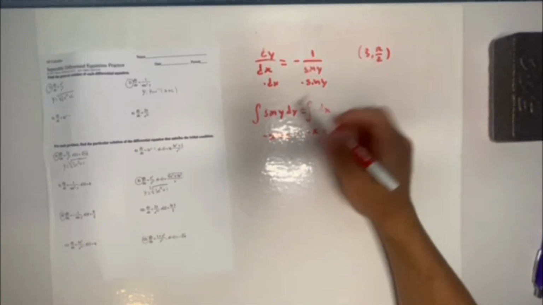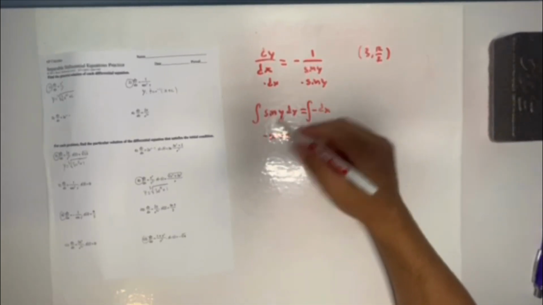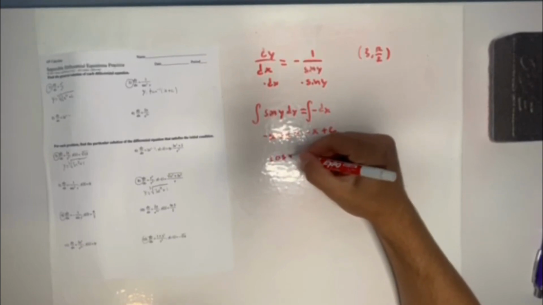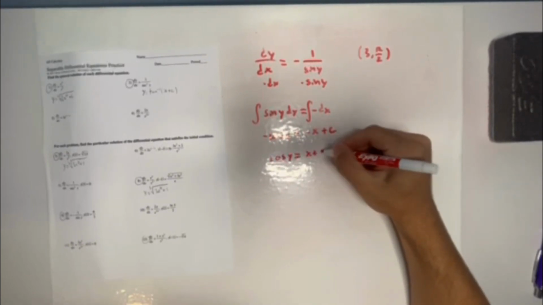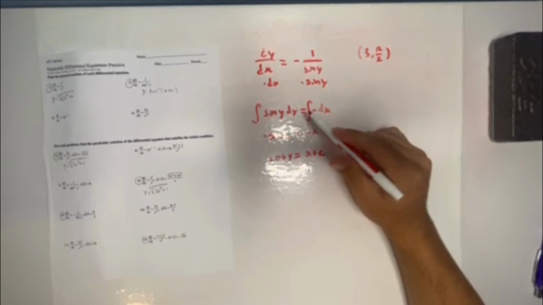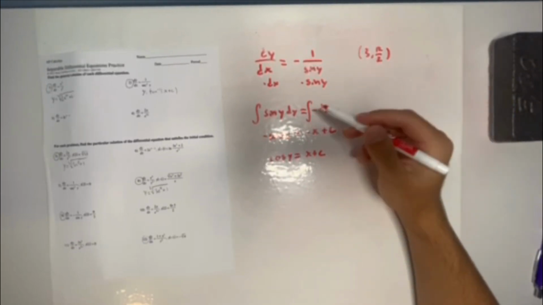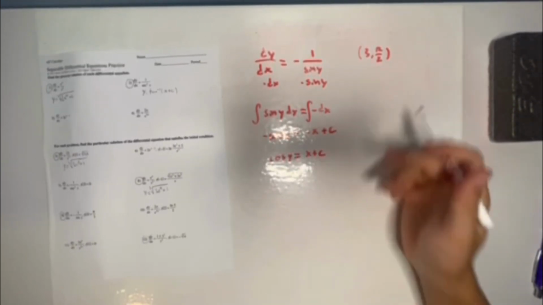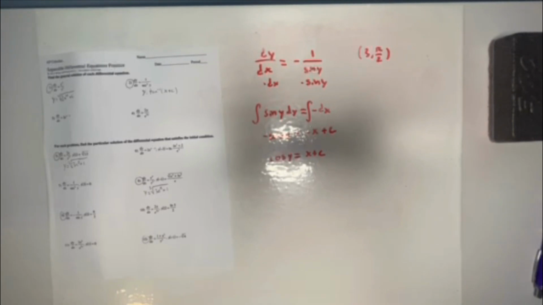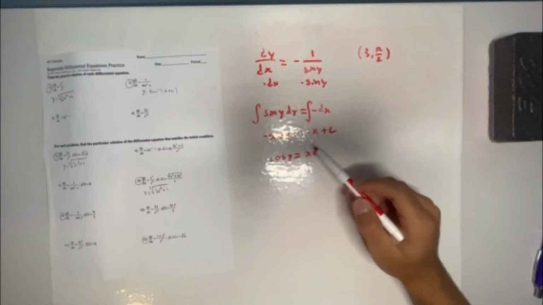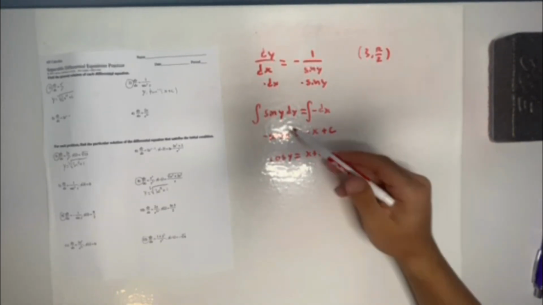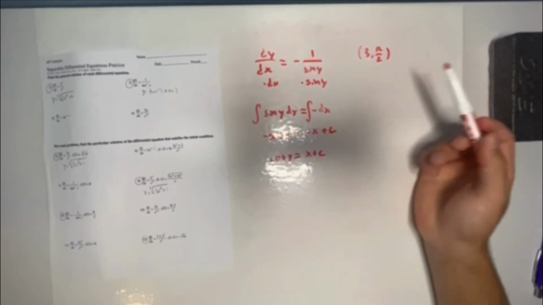And right away we have a negative on both sides, so I'm just going to simplify that out to get cosine y equals x plus c, because really you can just multiply both sides by a negative 1, and we just get cosine y equals x plus c. It's the same problem, I just like it when there's no negatives.